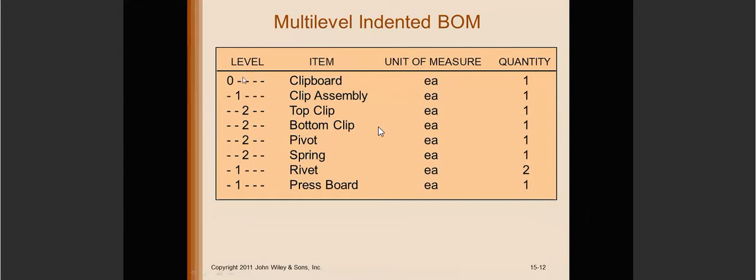The clipboard at level 0 is the parent, and levels 1 and 2 are considered child components, which are items or sub-assemblies needed to produce a finished good.